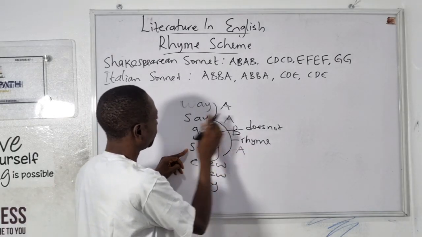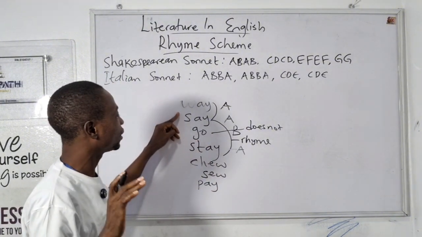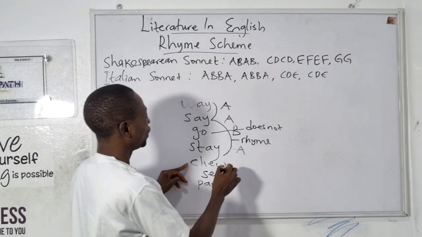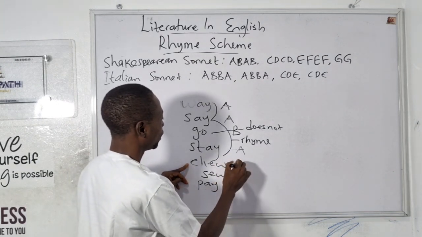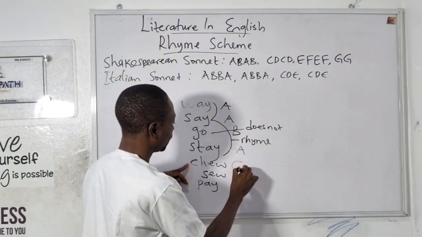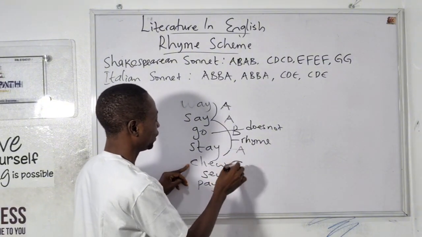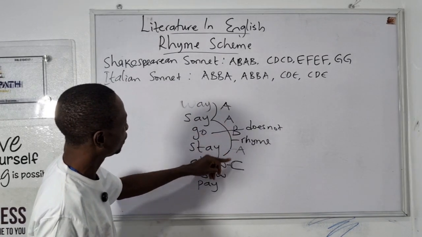A. As many times as you see this A sound, you continue to name it A. Then this another word, chew, U sound. Then you name this C. This is C. You now have AAB, AC.